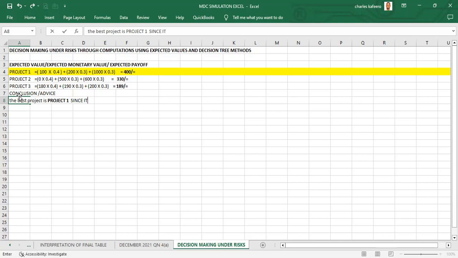since it yields the highest expected value, or the expected payoff, of 400 shillings, which is higher as compared to that of project 2 and project 3.